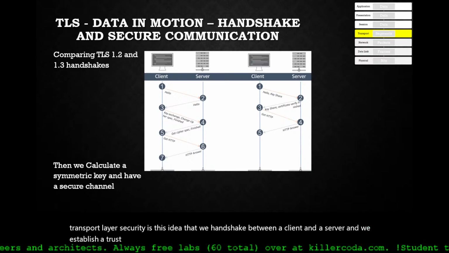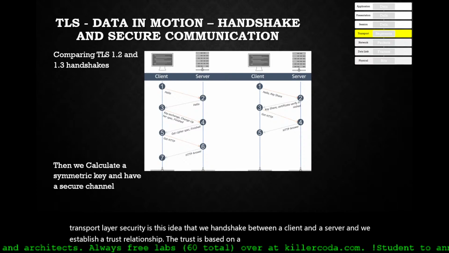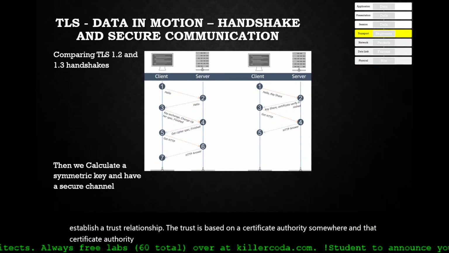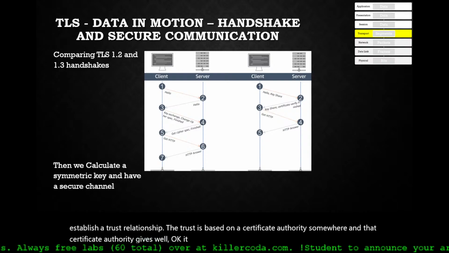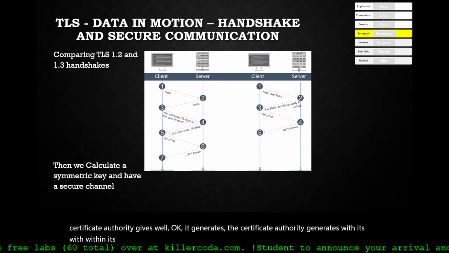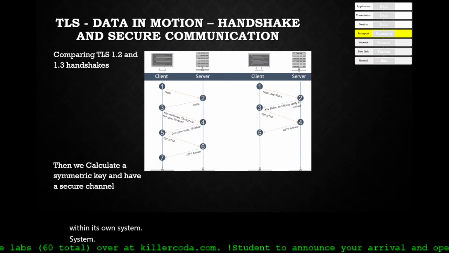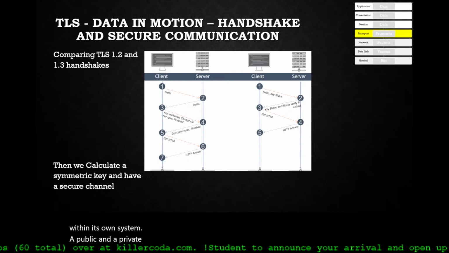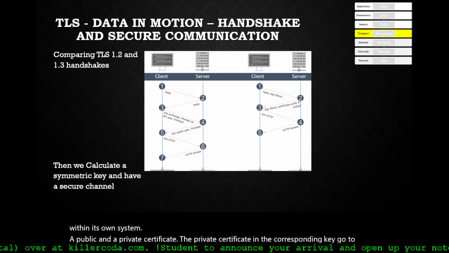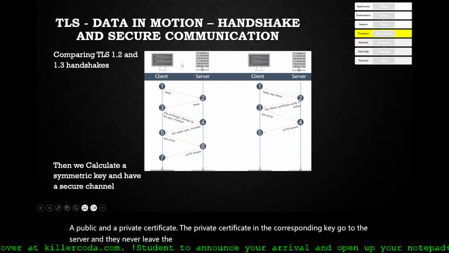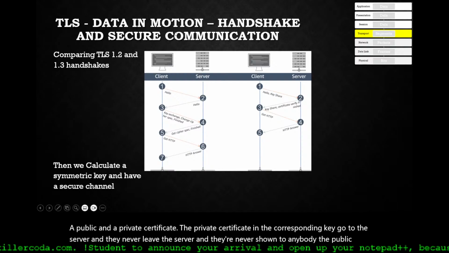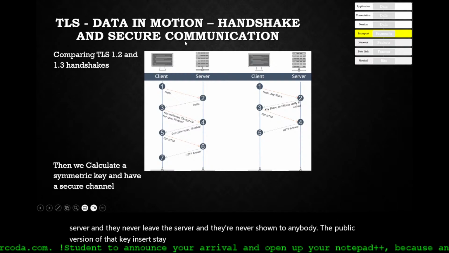The trust is based on a certificate authority somewhere, and the certificate authority generates within its own system a public and a private certificate. The private certificate and the corresponding key go to the server, and they never leave the server, and they're never shown to anybody. The public version of that key stays with the certificate authority up here somewhere in the world.